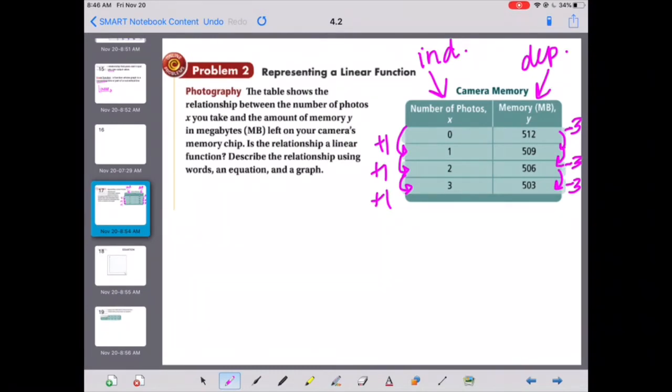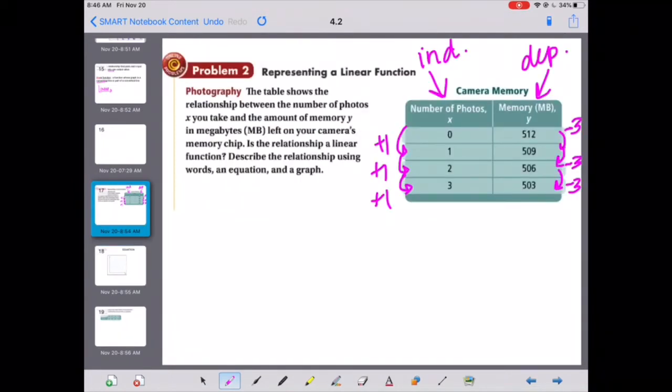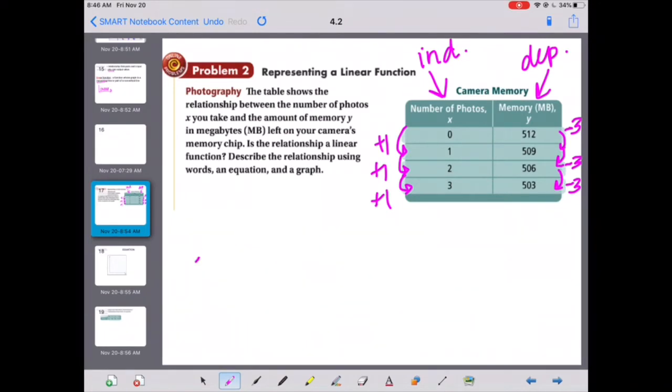So this is telling me that every time I take a photo, because I got to check both sides, it looks like they're just taking one at a time. Okay, every time I take a photo, I subtract 3 megabytes of memory. So each photo is worth 3 megabytes of memory. So that might be what you want to write for your words, which they ask for in this slide.